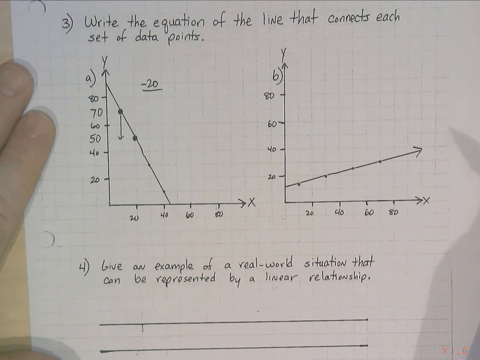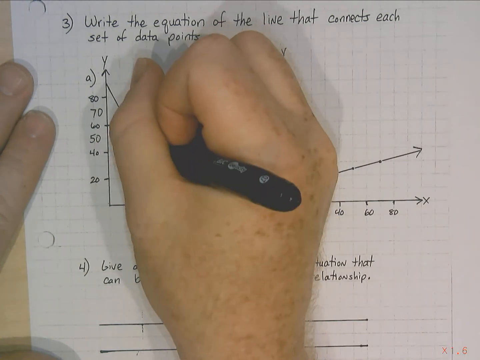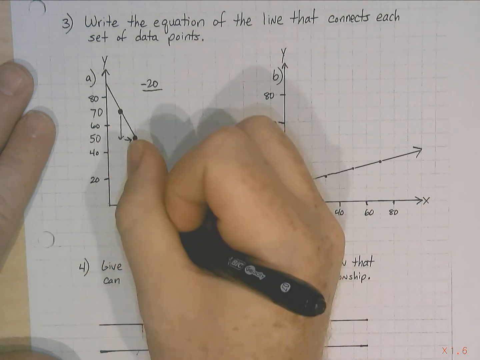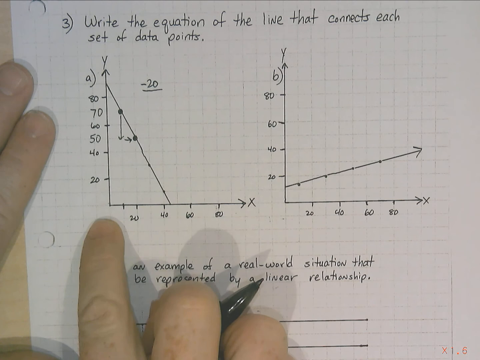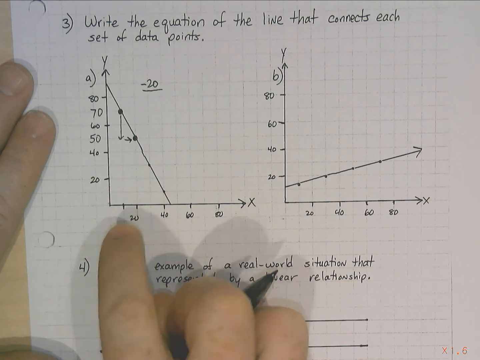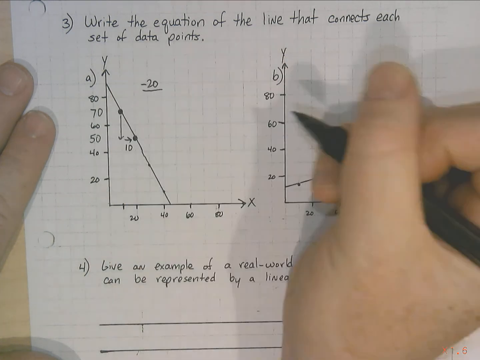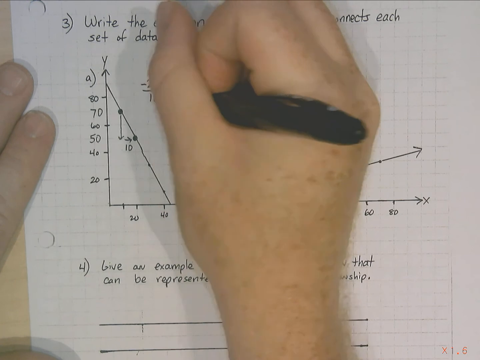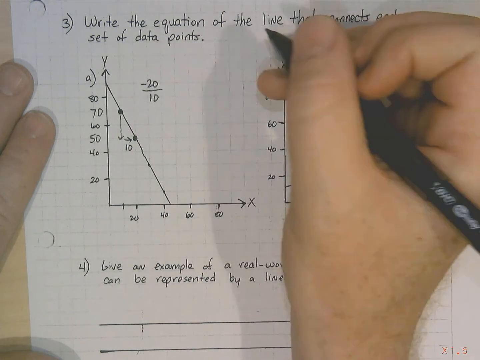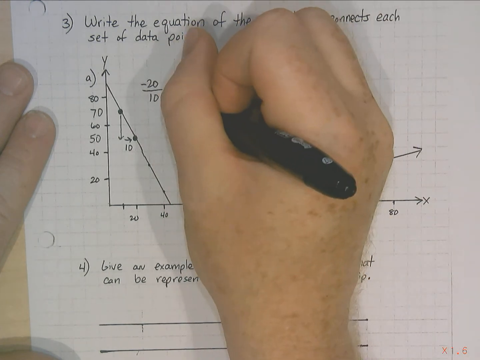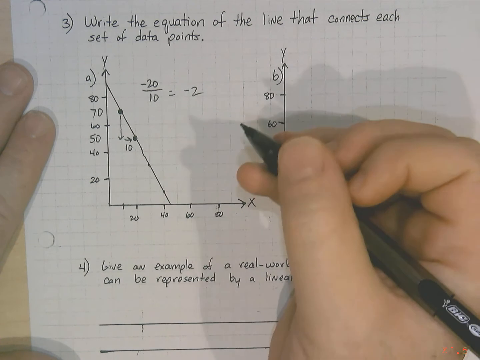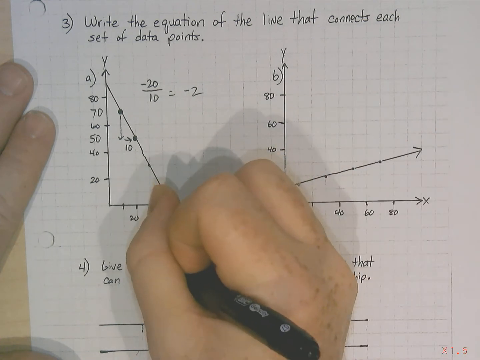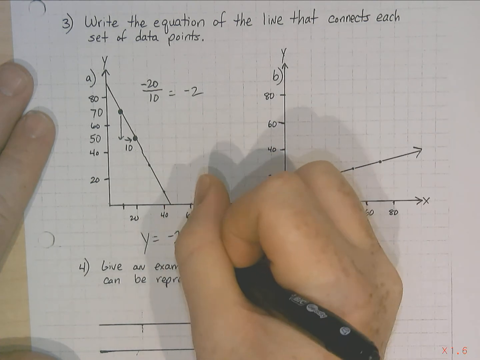Then it went over 1 block. Well, 1 block is worth 10. So that's the run. Negative 20 divided by 10 is negative 2. That's your slope. So it's going to be y equals negative 2x.